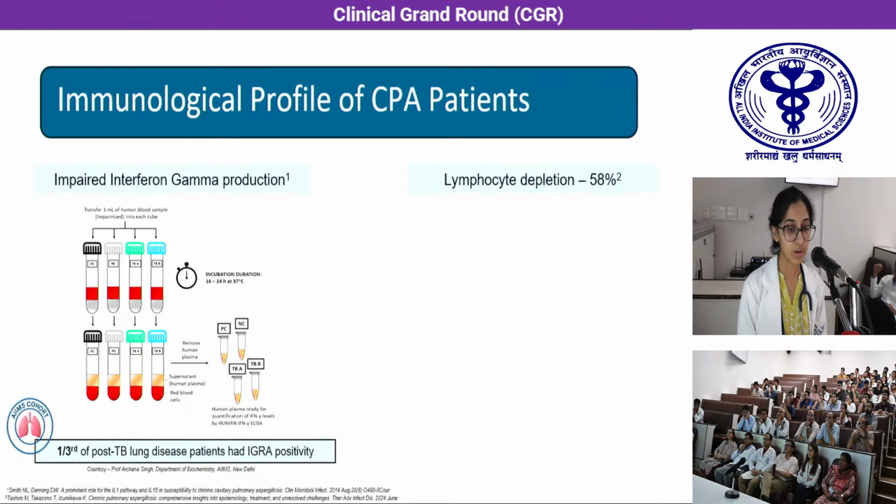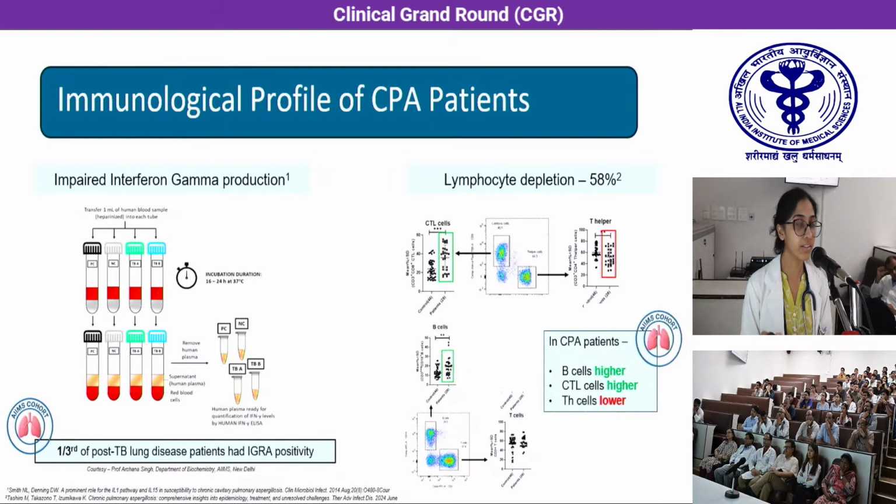In our cohort, which constituted a majority of post-tuberculosis lung disease patients, we found that only a third of these patients had IGRA positivity. This could have multiple implications, one of which is that maybe such patients never had tuberculosis to begin with. Another implication would be that these patients have a genetic defect of interferon gamma production, which might subsequently put them at risk for further CPA infections.